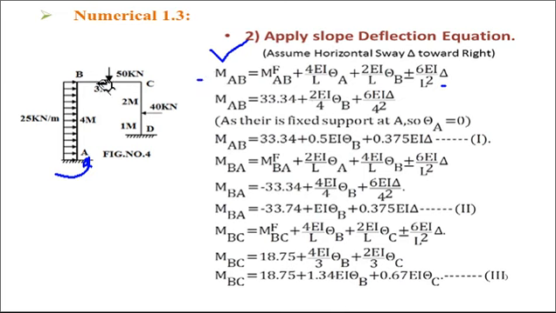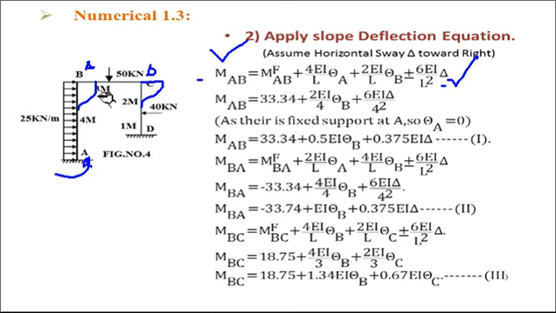When we are dealing with the column in case of a sway frame, the delta is there, so that delta will appear here when we are calculating the column end moment.